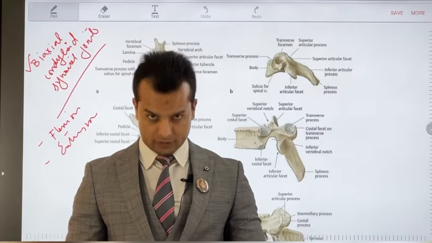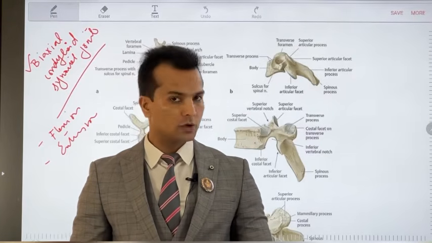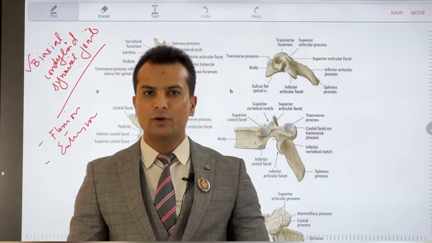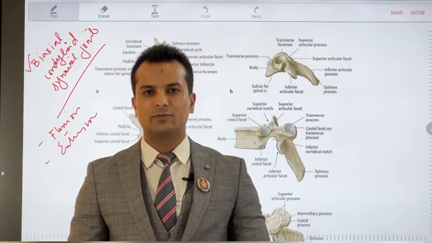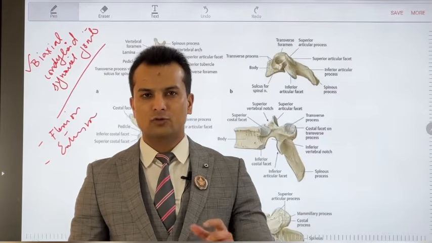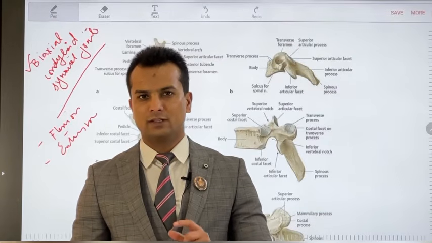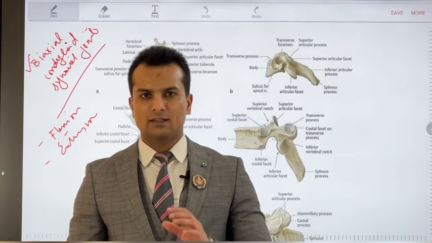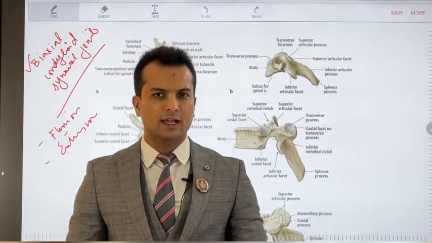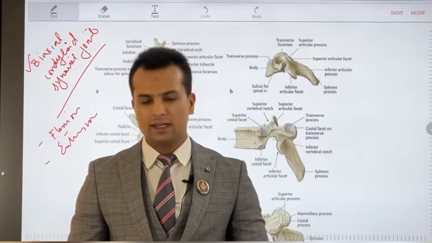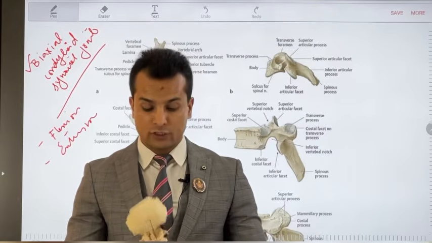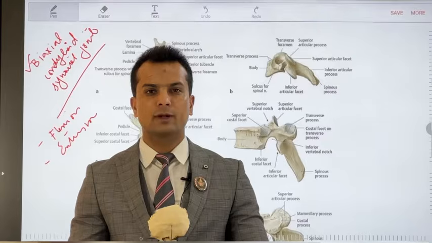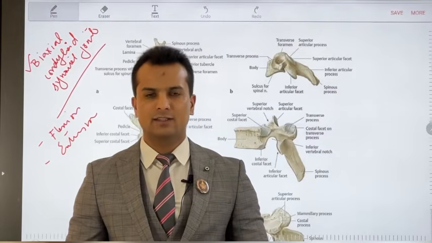Yes and no movements are possible because of the atlanto-axial joint, which is also synovial but uniaxial. The atlanto-axial is the joint of the atlas with the axis, and this rotation of the neck is possible because of the special tooth-like projection of the C2 vertebra, called the dens process.